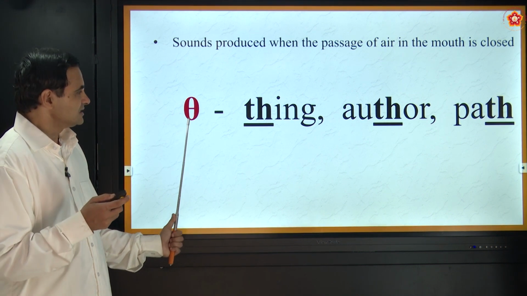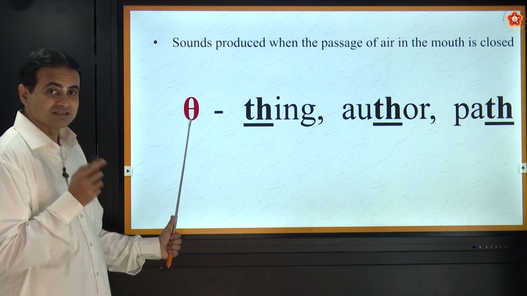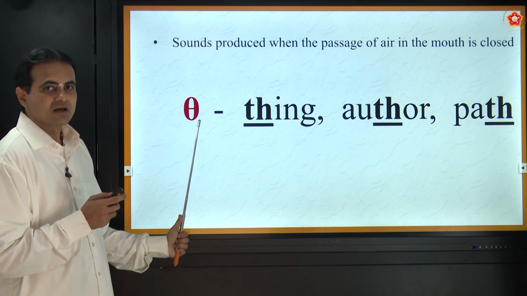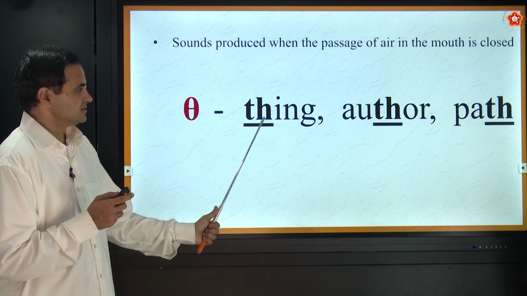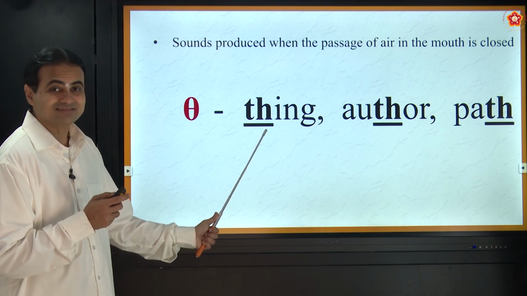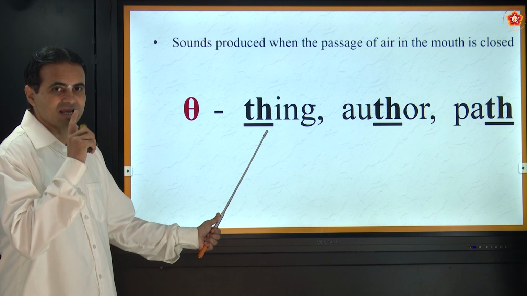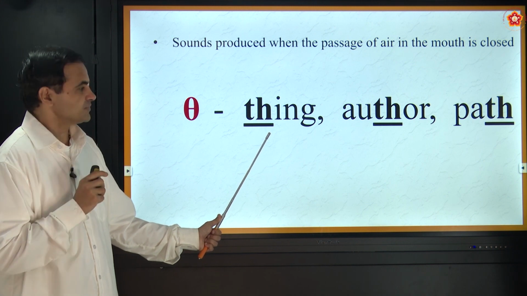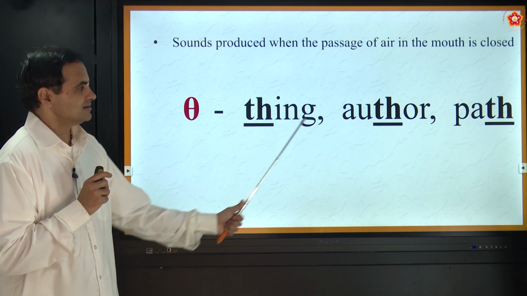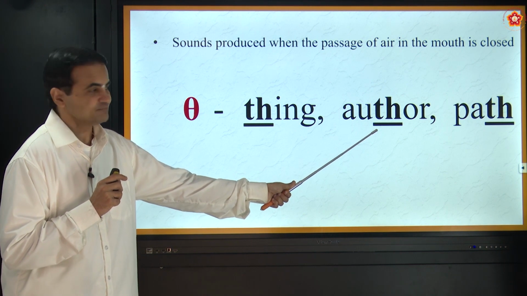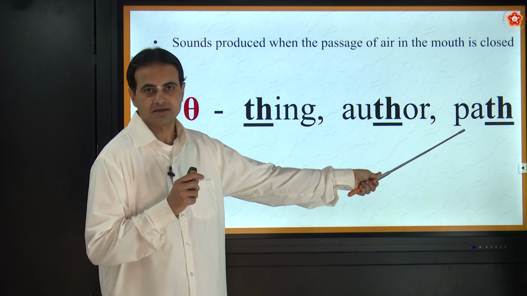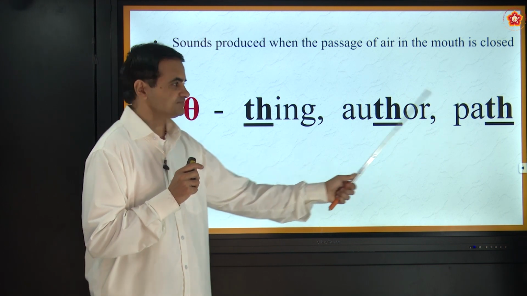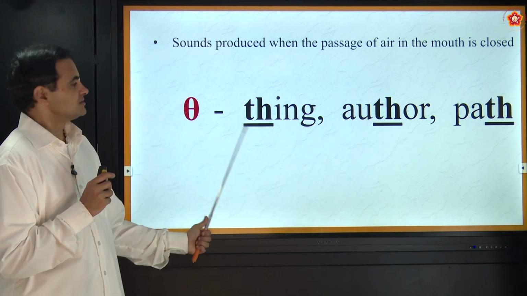So the theta symbol represents the sound th. You see this word thing, the tongue is in between both the teeth. Thing, author, path. So th.